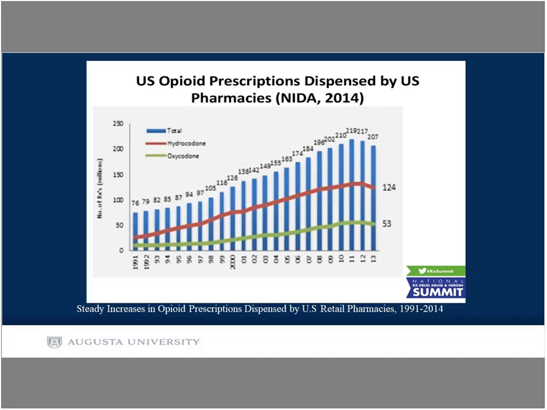This slide's a little blurry, but essentially you should be able to see that in the early 90s, up until the mid-90s, there were anywhere from 75,000 to 80,000 prescriptions dispensed by U.S. pharmacies, and then that number just increased and increased until in 2011 it peaked at 219 million prescriptions for opioids, and has since started to taper off a bit, but still it essentially tripled in a span of about 15 years.